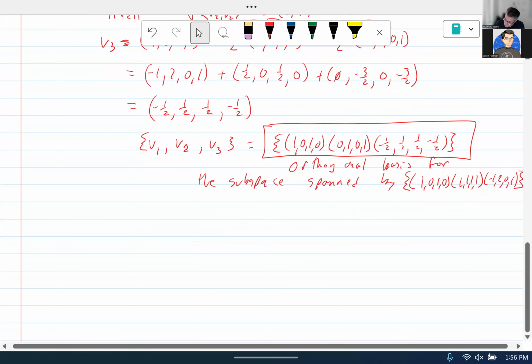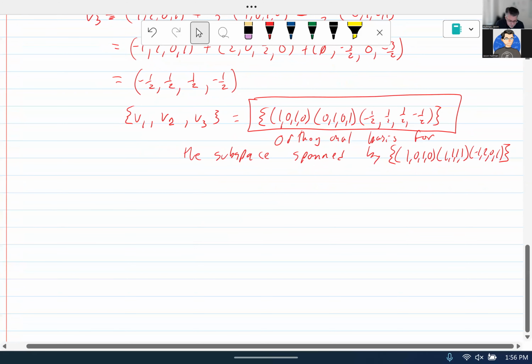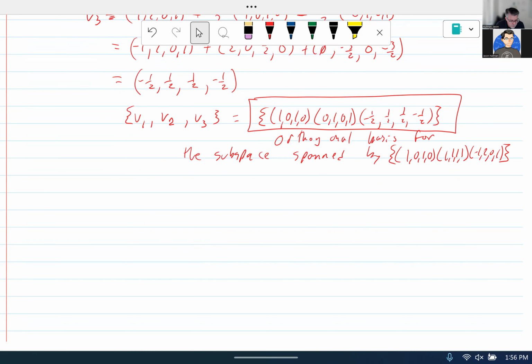Okay, let's try another one of these, but instead of using the standard inner product, we're going to use the function inner product, where we have to do some integration.